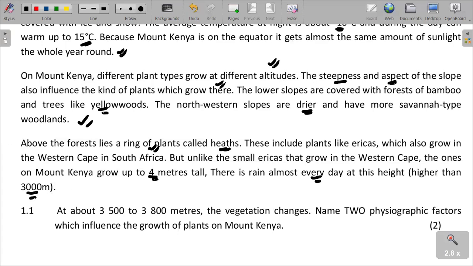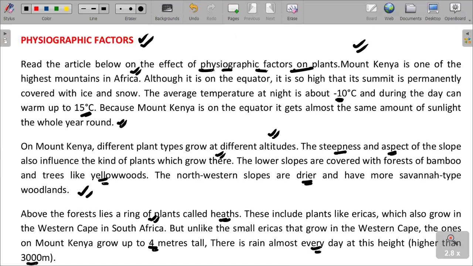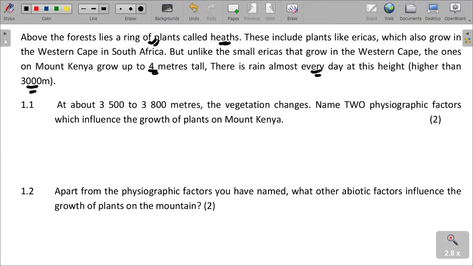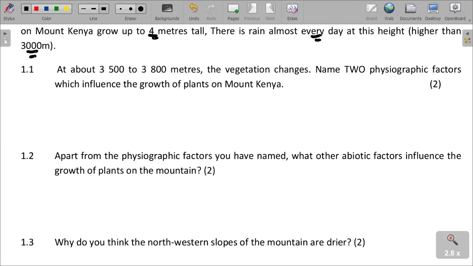So that is the context that we are given here. What I want us to understand is, how do we answer questions such as this? We answer them according to the context that is given in our question paper. At about 3,500 to 3,800 meters, the vegetation changes.